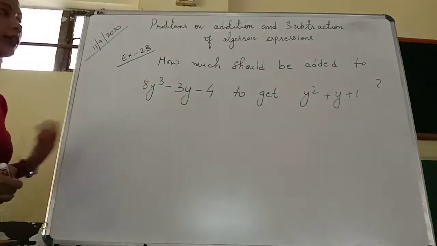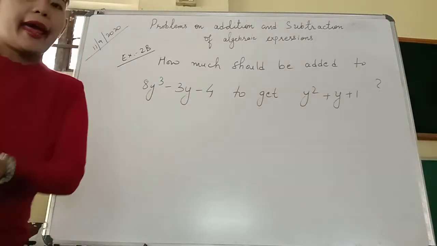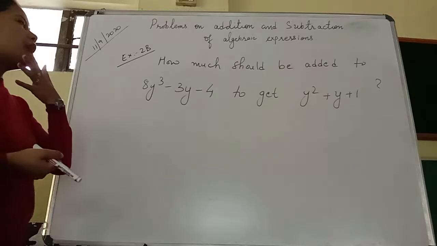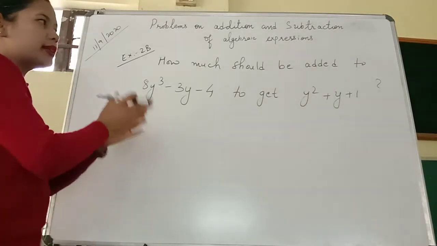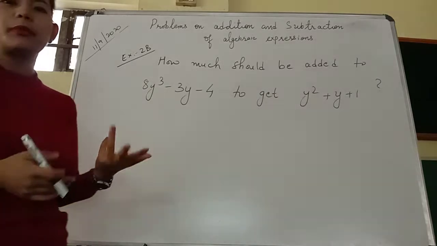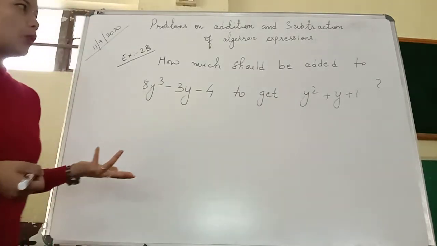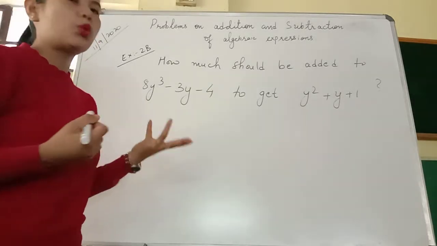As we did in arithmetic, we assumed it to be x. Let the number to be added be x. But here we try to use another alphabet to assume that expression, because x and y are the most common variables we will be using, so the idea of using x doesn't work here.